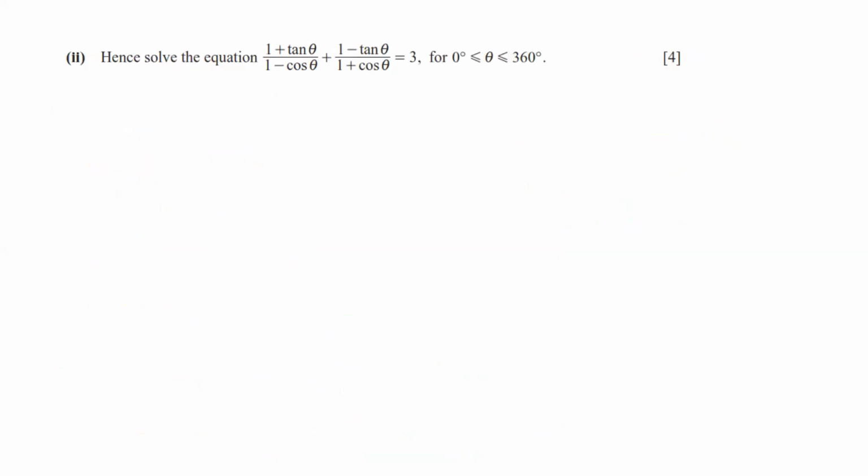So moving ahead in part 2, hence solve the equation. It is the same equation as earlier, and this is equal to 3 for 0 less than or equal to theta less than or equal to pi.